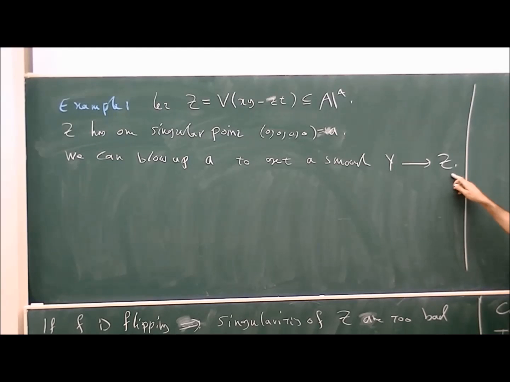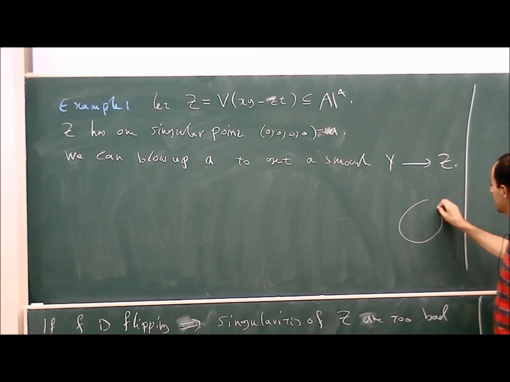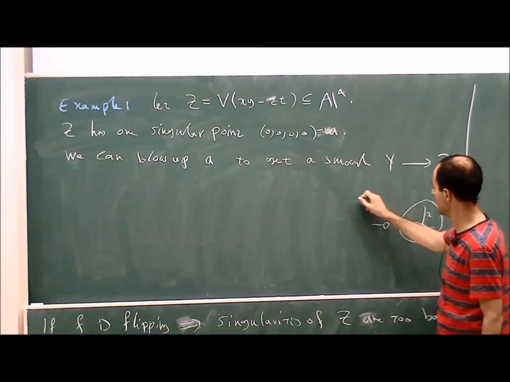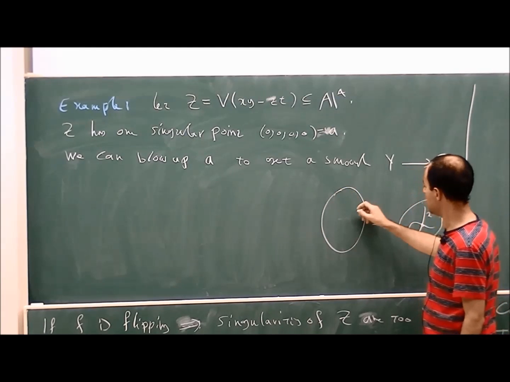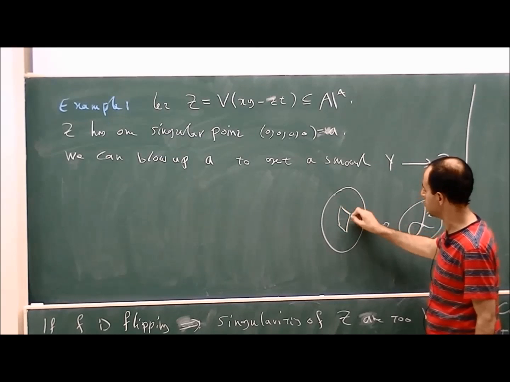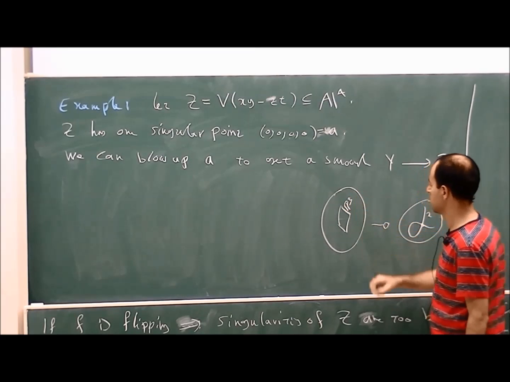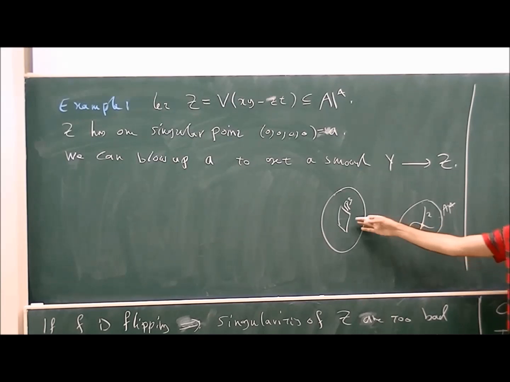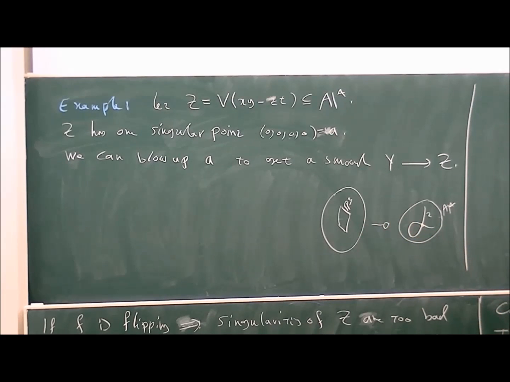So you could either say that this is A4, this is, let's say, Z. You can blow up the point of A4 itself. Then you get something here, and then you get a copy of P3. This is the exceptional divisor. You just replace the point with P3. That's what the blow up is essentially about.